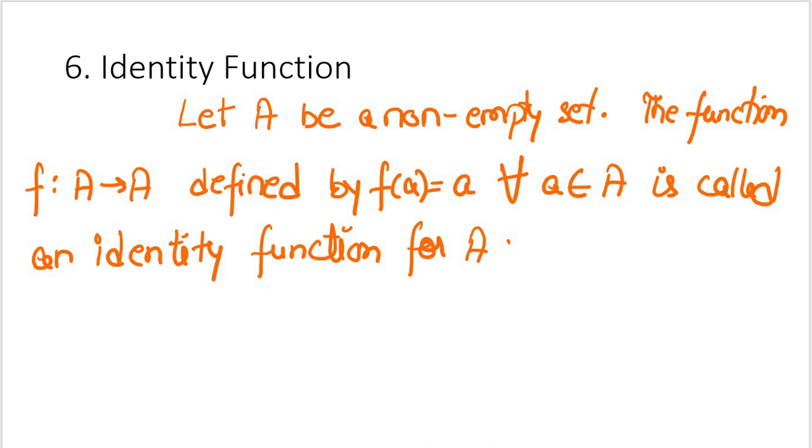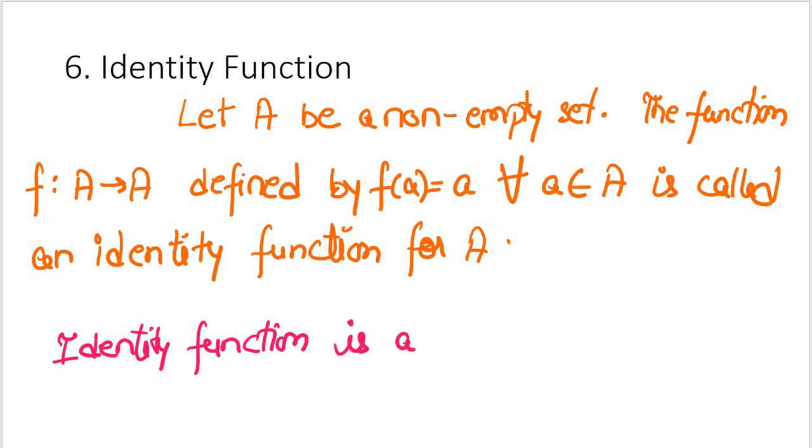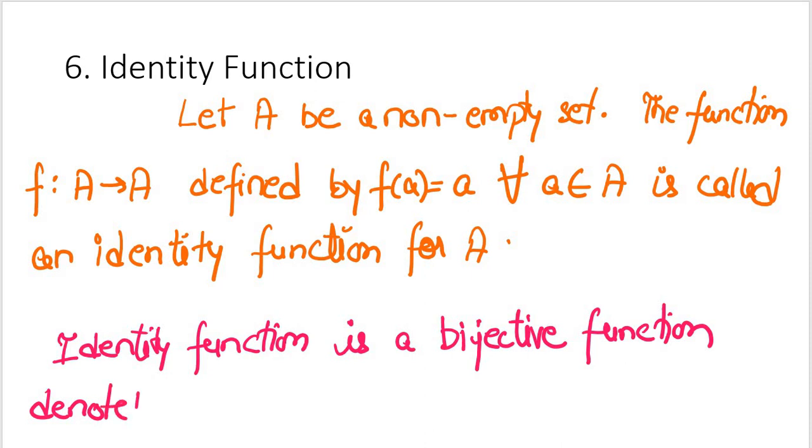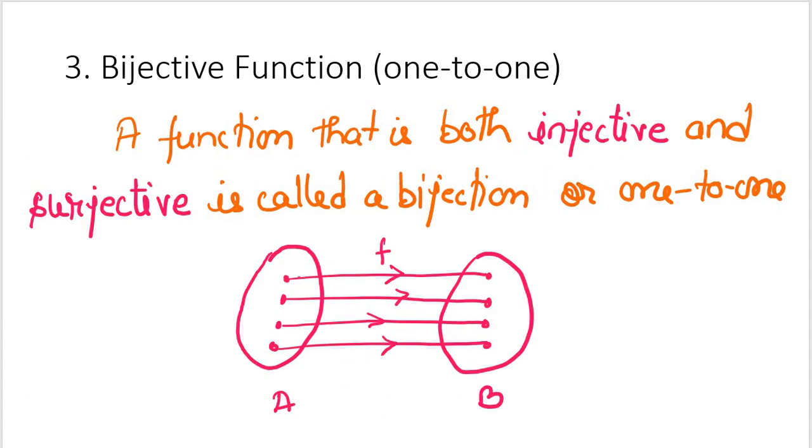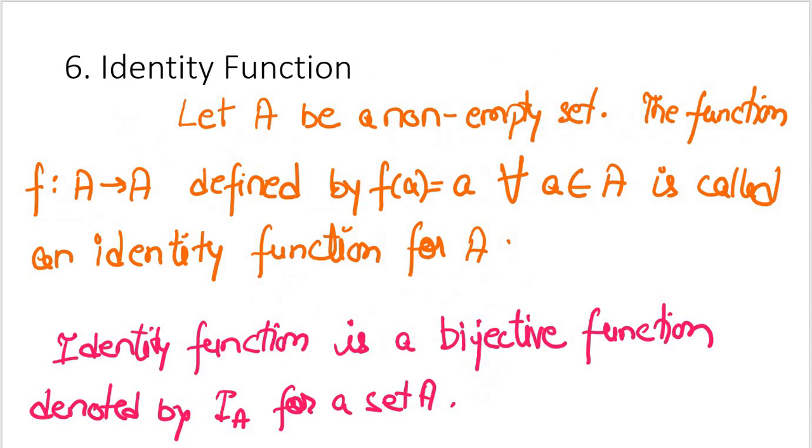Now, a point to note is that an identity function is a bijective function, denoted by I_A for a set A. Now, bijective was your one-to-one and onto, and this is what we are getting from A to A only, right?